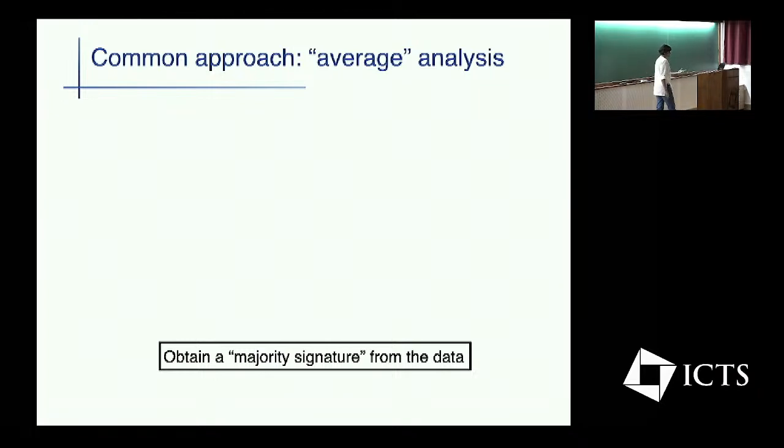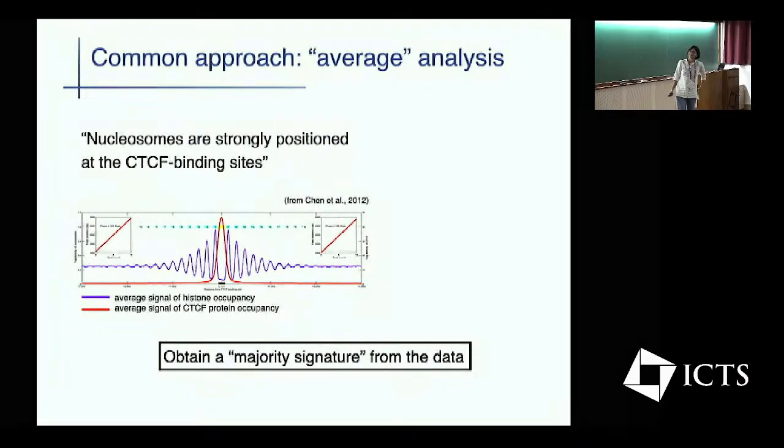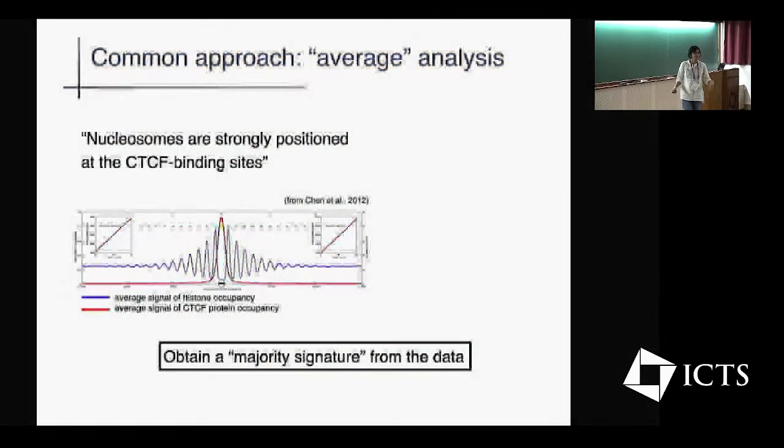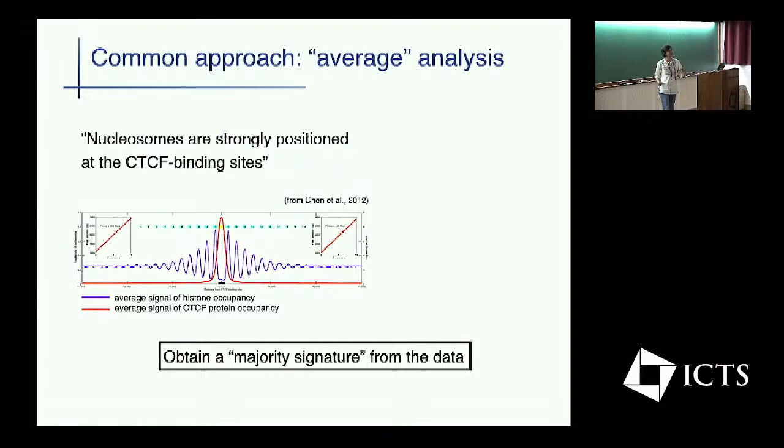We saw an example like this in the morning with CTCF sites. The idea was that if you suspect CTCF sites to be positioning nucleosomes, you would look at all experimentally detected CTCF sites and the nucleosomes around them, also experimentally detected, and you would get these nice pictures showing that CTCF probably has a role in doing that.